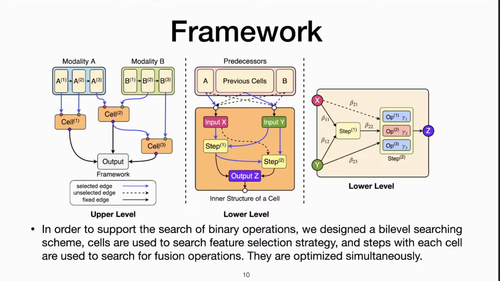You can view each cell as a binary operation to combine the features X and Y. These input features will be chosen from all the raw features from the backbone models or its predecessor cells. But within the cell, we have a lower level, which truly searches for the fusion operations, in other words, the combination of primitive operations. And you can see how we assign weights to edges and step nodes within a cell in the third figure.